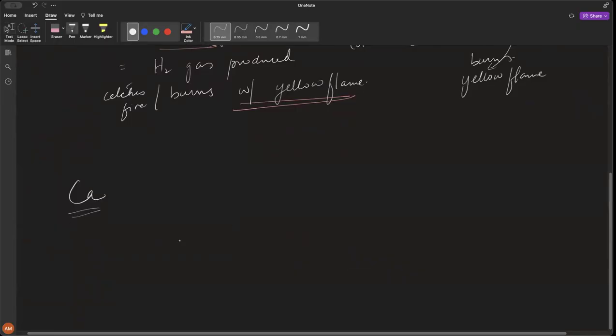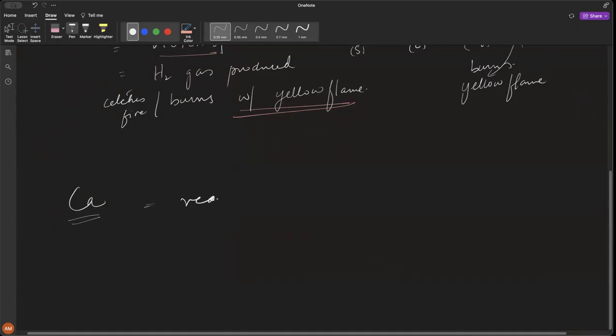So it reacts with cold water readily. Readily means fast. You can see a lot of bubbles. You can see a lot of heat coming off. You know, when you put sodium, the water actually becomes warm because this is an exothermic reaction, right?